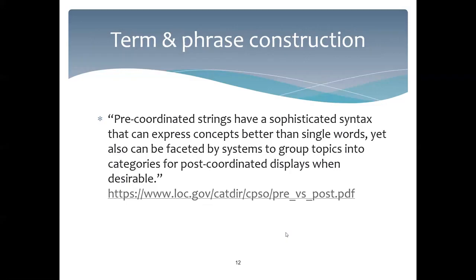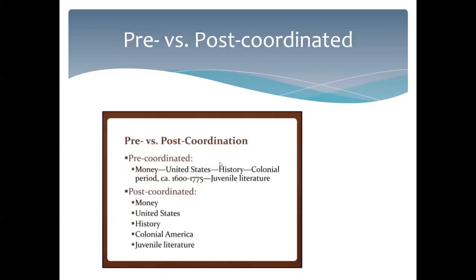Back in the early days of searching, and that's really where this quote came from, there was some research done that these pre-coordinated strings were much better than even doing a Boolean search and adding things together. Is that still true? I would argue that it is not, but we haven't done as much research on this.